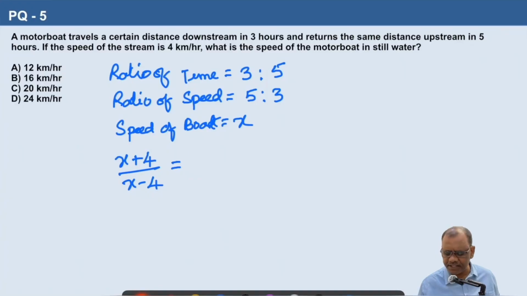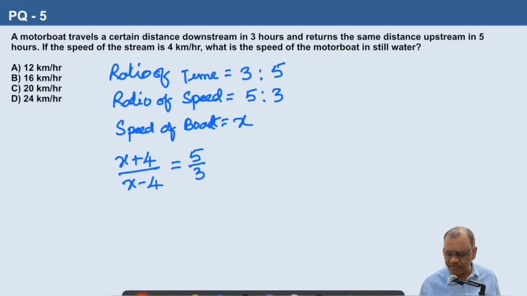So that can be written as 5/3. Five parts is the speed downstream and 3 parts is the speed upstream. That is equivalent to x plus 4 by x minus 4. If you simplify this, you will get the speed of the boat, that is the value of x.